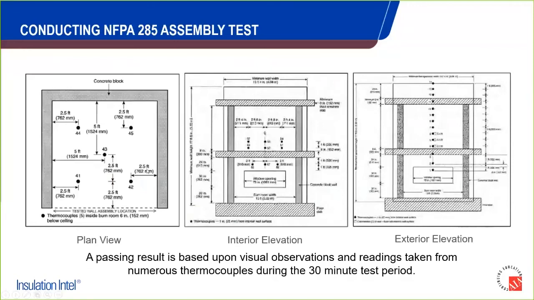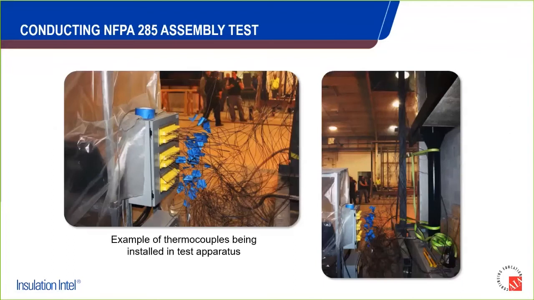This is new in the NFPA 285 2019 edition: the locations of these thermocouples have been adjusted and added into that document. And here they are live. These thermocouples are attached and communicate the temperature at these various locations through this box.